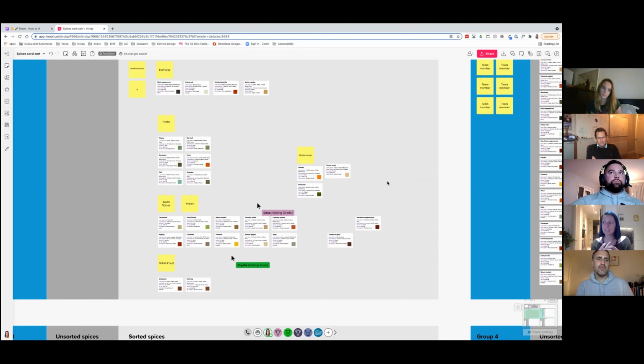But if you're designing this as a standardized way to organize spices for a certain subgroup of people, then you can understand how even more complicated it is, and you need to start to run these kinds of card sorts to see how different people are organizing them, what the most common themes are, and then what the definitive decision is that we're going to make to make this easy to find.